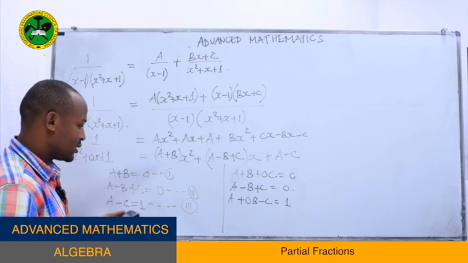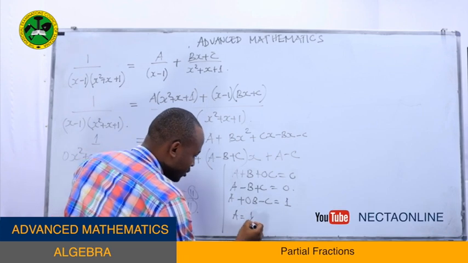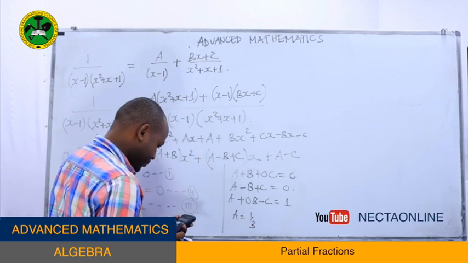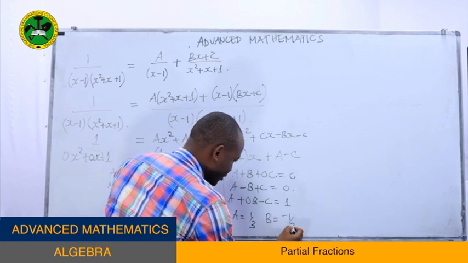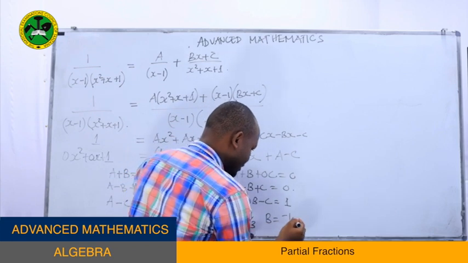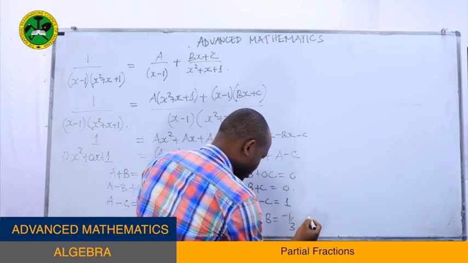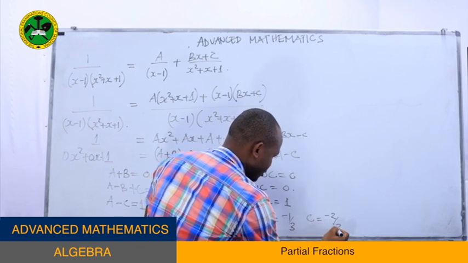That means the value of a is 1 over 3. The value of b is negative 1 over 3. And the value of c is equal to negative 2 over 3.